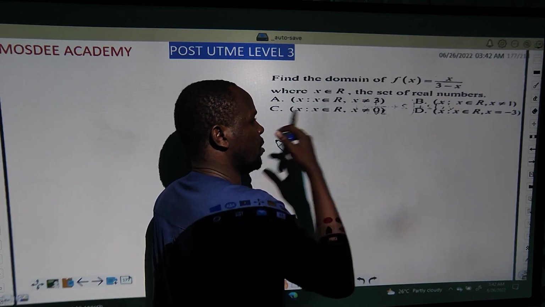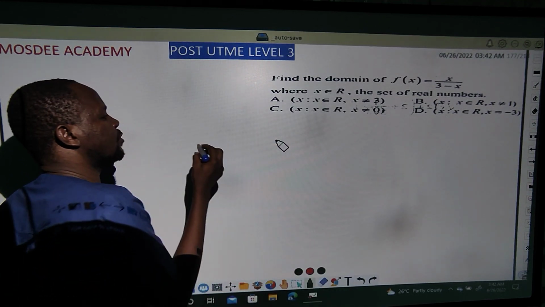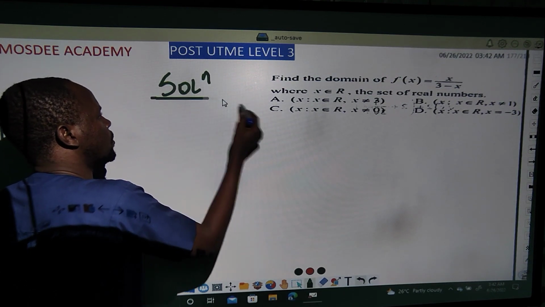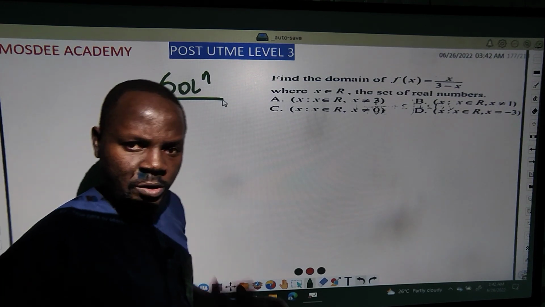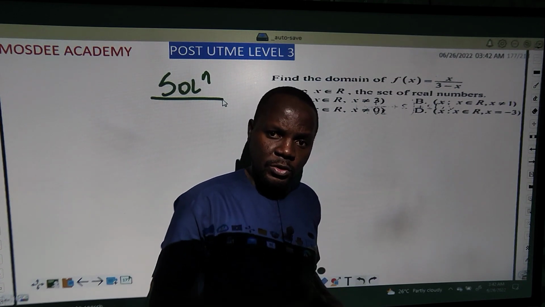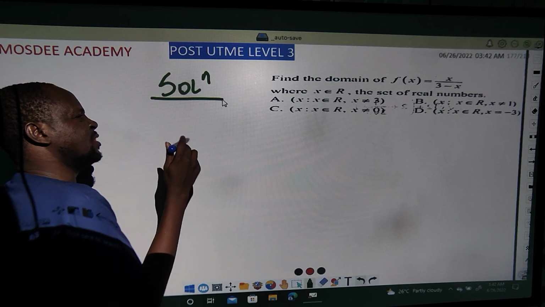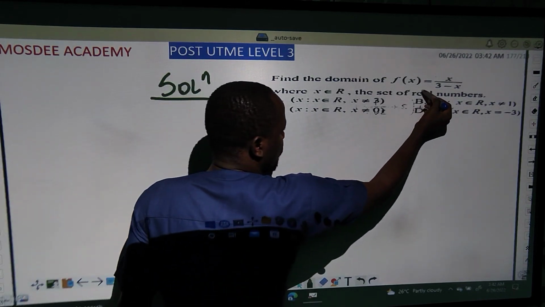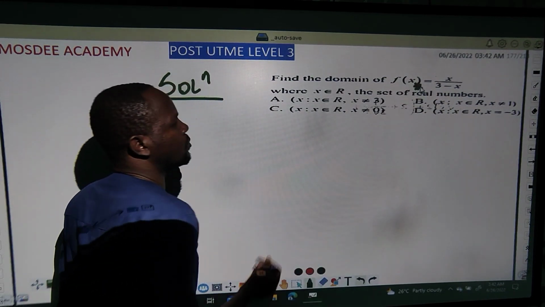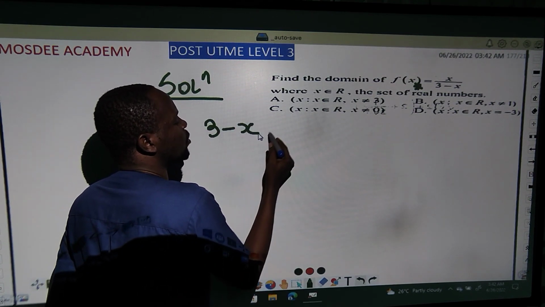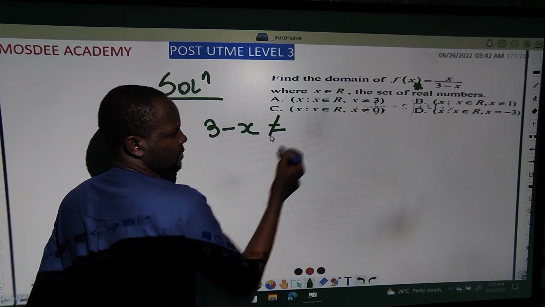So to get the domain of a function, we say the denominator is not equal to 0. There is a concept video available on calculation of domain and range of functions, even trigonometric functions. We only set the denominator to be non-zero. The denominator is the one that is here, as you can see. So if we go by that, we say 3 minus x is not equal to 0.